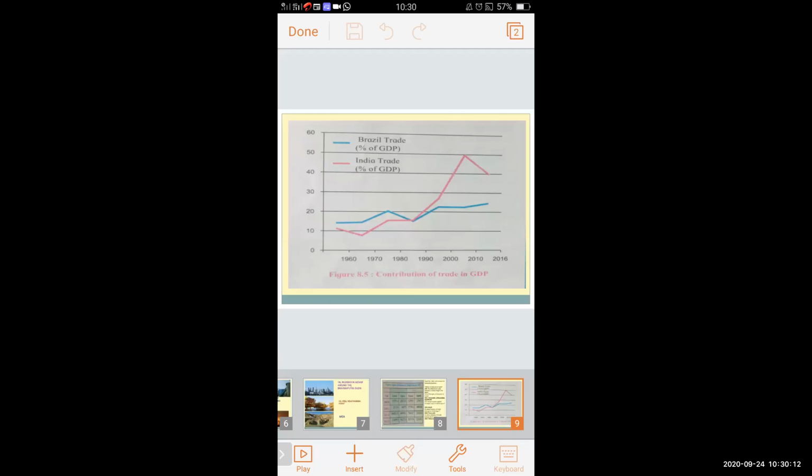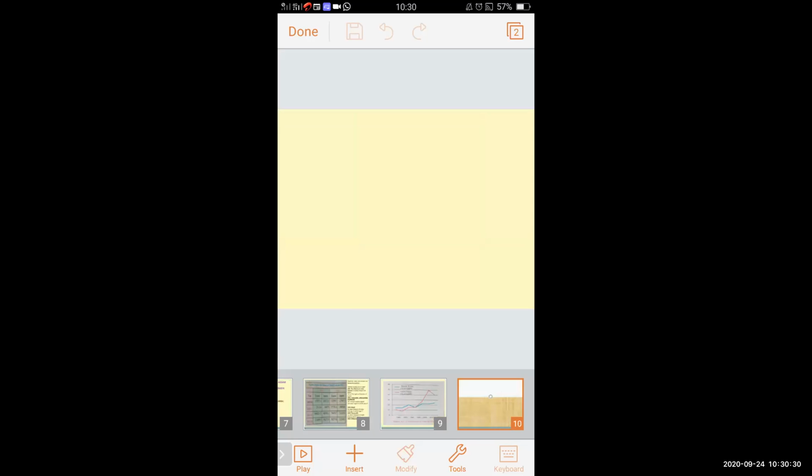So in this graph we have learned about the contribution of trade in GDP. Trade makes up about 25% of GDP.